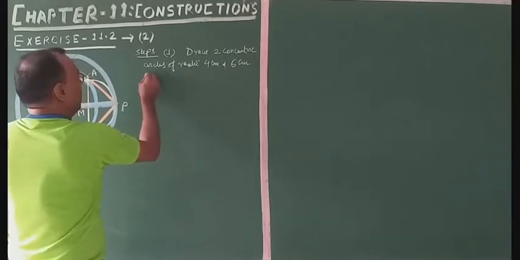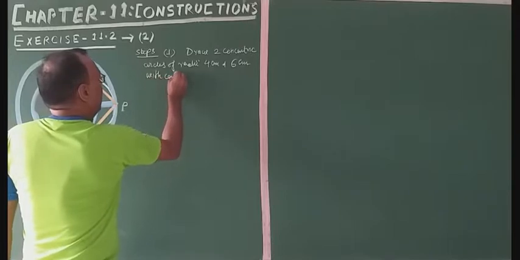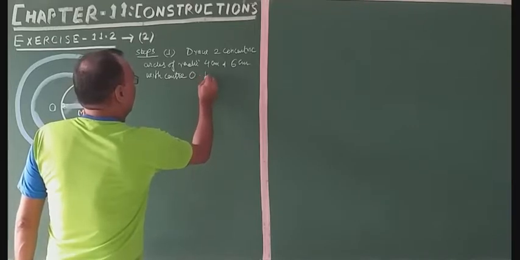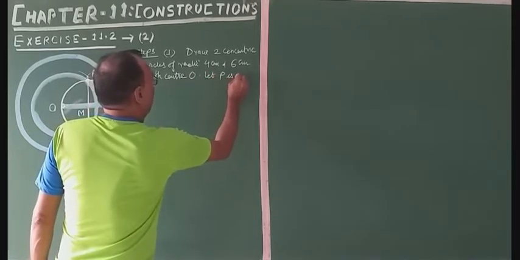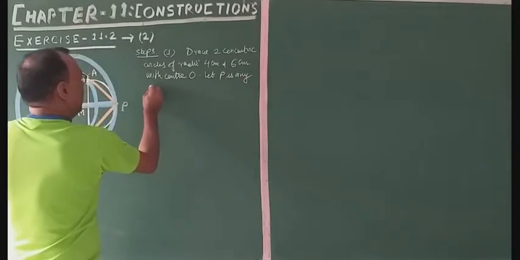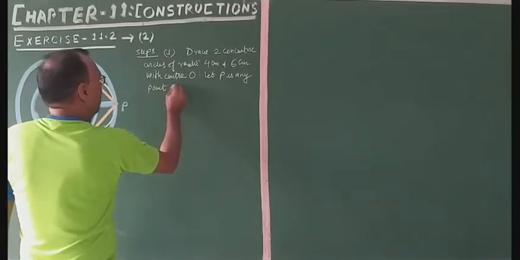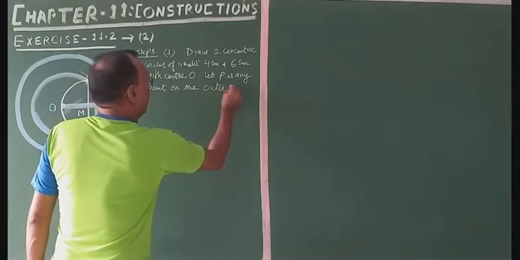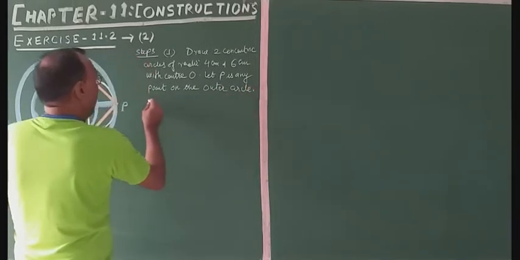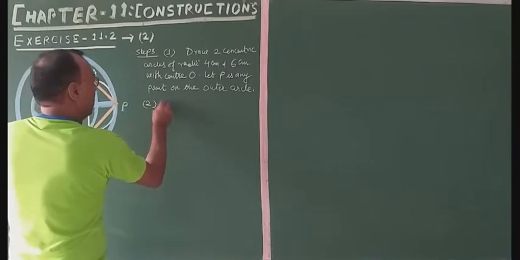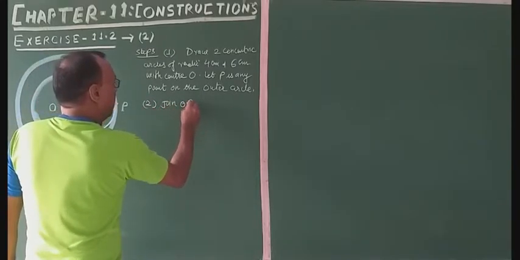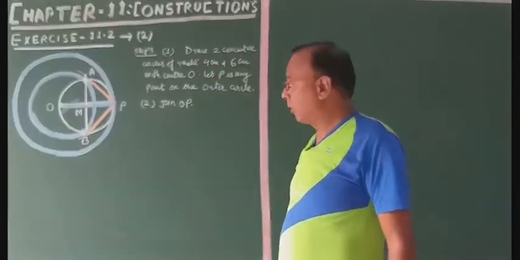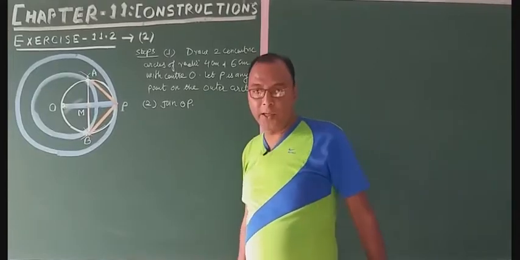With center O, let P be any point on the bigger circle, or outer circle, and then join OP. Then all the steps are just like in question number 1.